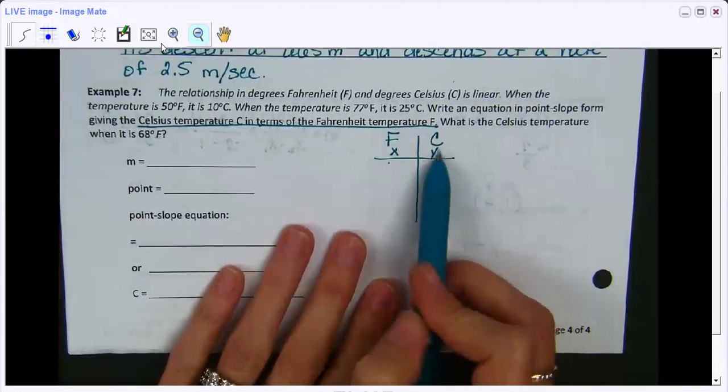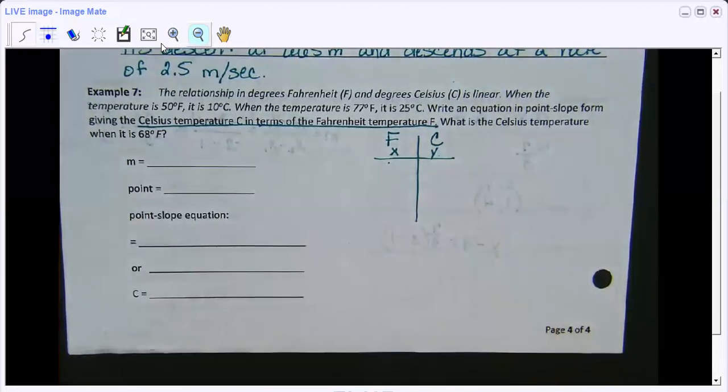Your Y is in terms of X. We learned that back in chapter 2. Once we determine the independent and the dependent variables, we can start inputting our values into the table.